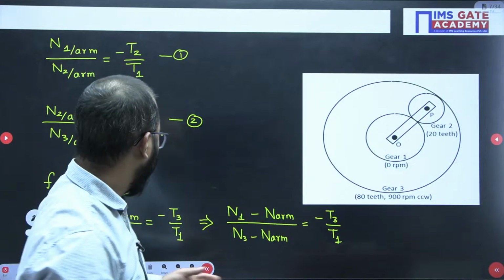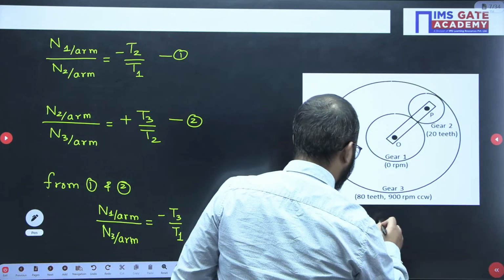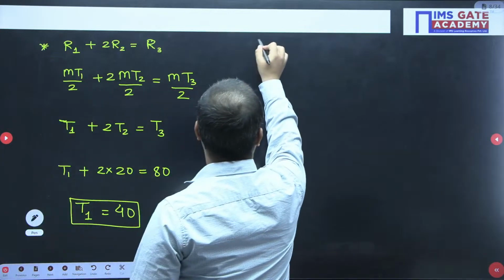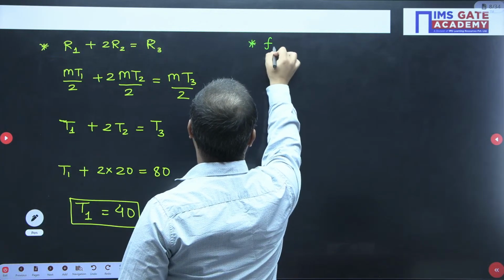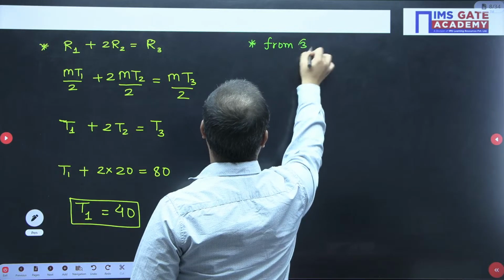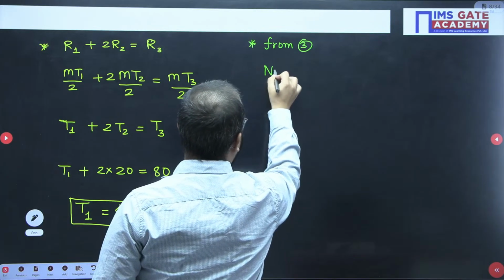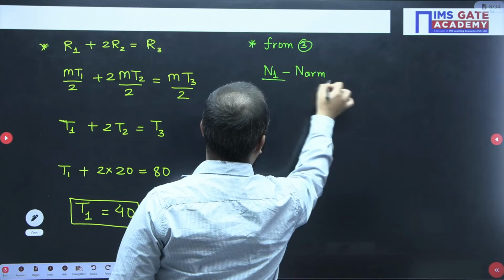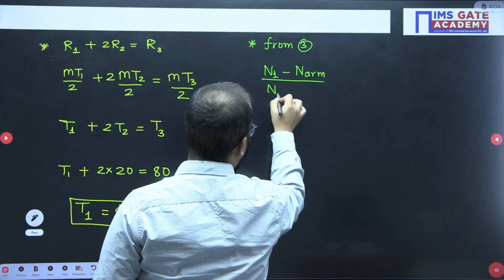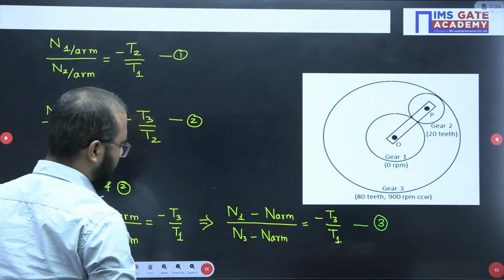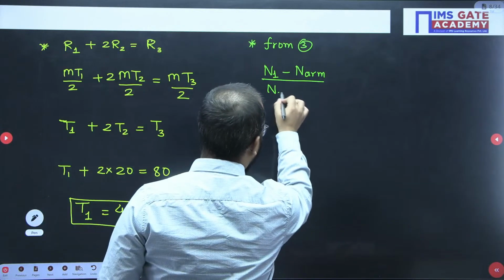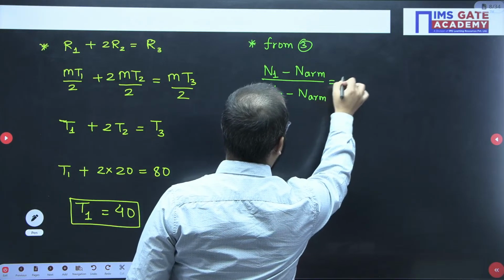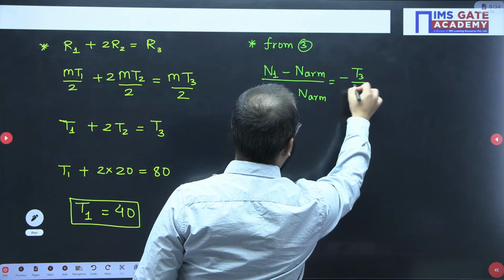Right. Now let us consider this as equation 3, and from equation 3, (n1 minus n_arm) divided by (n3 minus n_arm) equals minus T3 by T1.